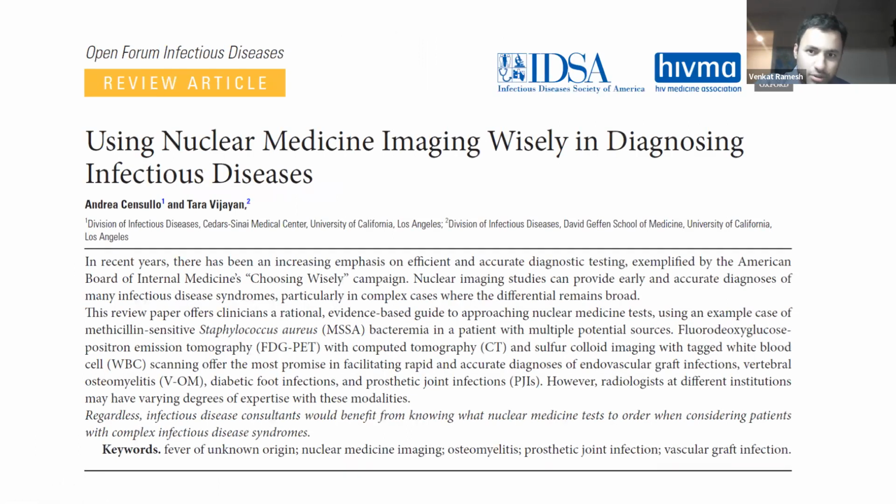Just before I go into what we do, I'll point you to some papers that have been published about using nuclear medicine in diagnosing infectious diseases. This one was published in Open Forum Infectious Diseases, and I will cover some of what has been described in this paper, but the key phrase here is imaging wisely, and I think that is a very key part of how we order tests.